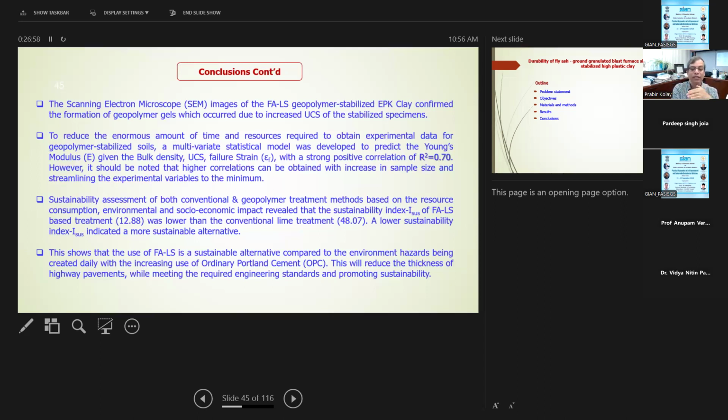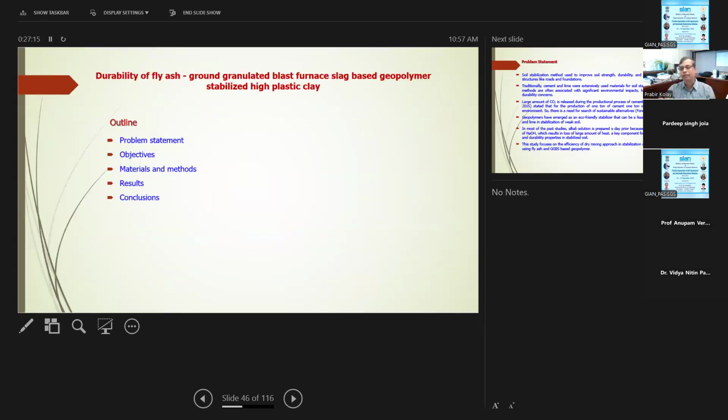We calculate how much energy is required compared to the lime stabilized soil, and then when you use fly ash plus lime sludge, or fly ash plus GGBS.